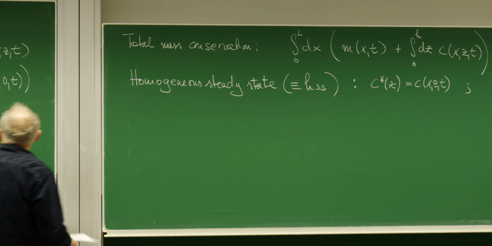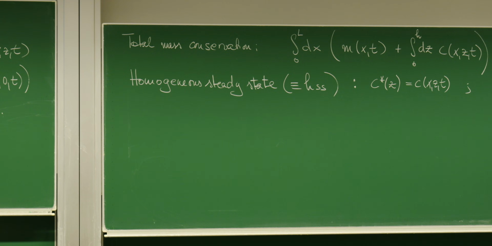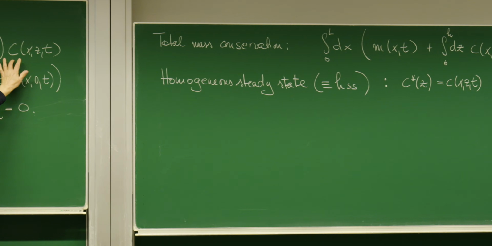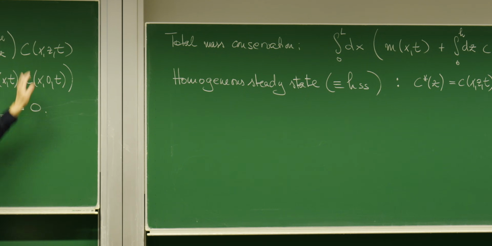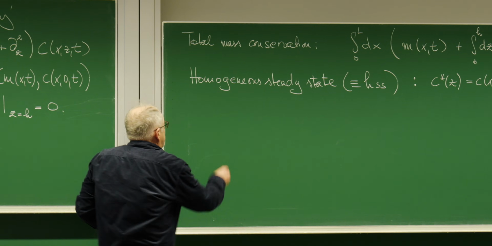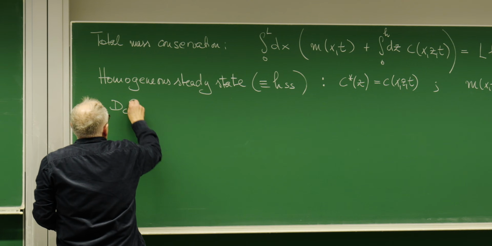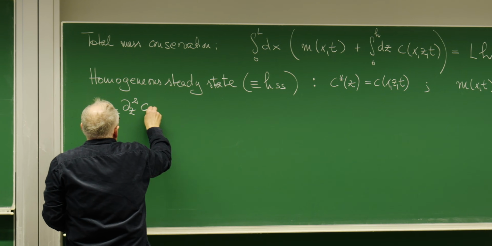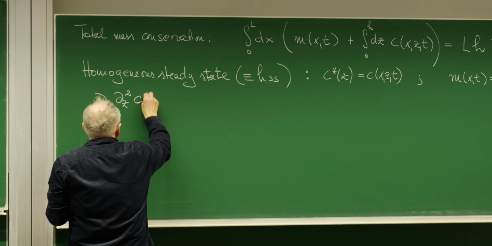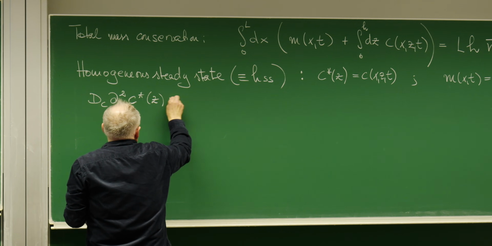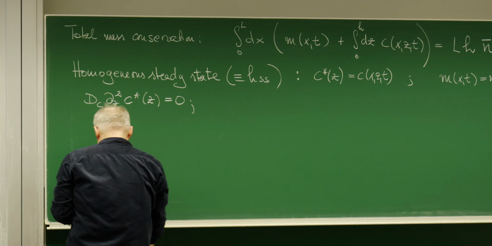Good, now let's use that. So we do have dx of c is 0. That means our steady state condition reads dz squared of c equals 0. So we have dz squared of c star of z is equal to 0.